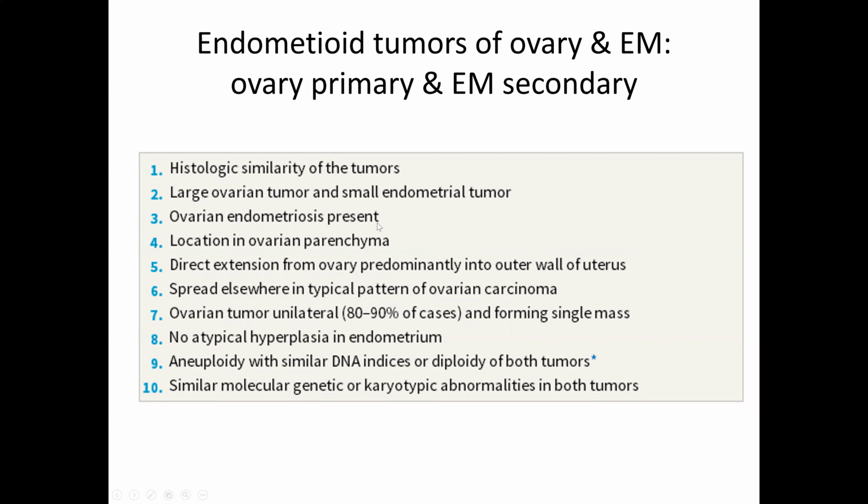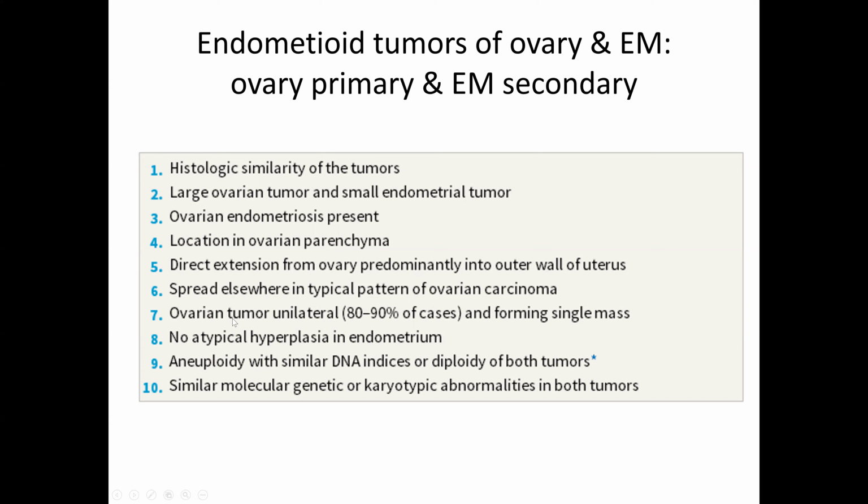We should find endometriosis as a precursor lesion. The tumor should be heavily involving the parenchyma of the ovary, not just on the surface. There could be direct extension from the ovary to, say, the outer wall or to the pelvic side wall as well, and spread elsewhere is typical of ovarian carcinoma.